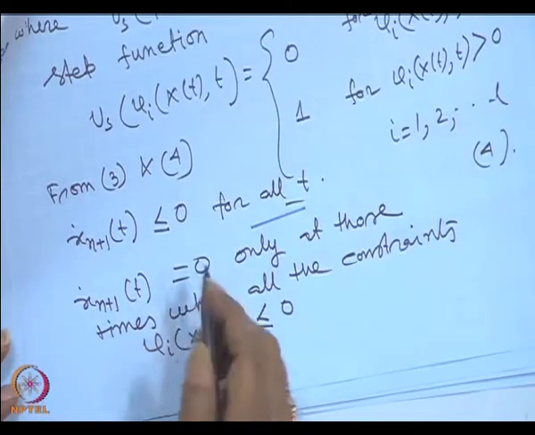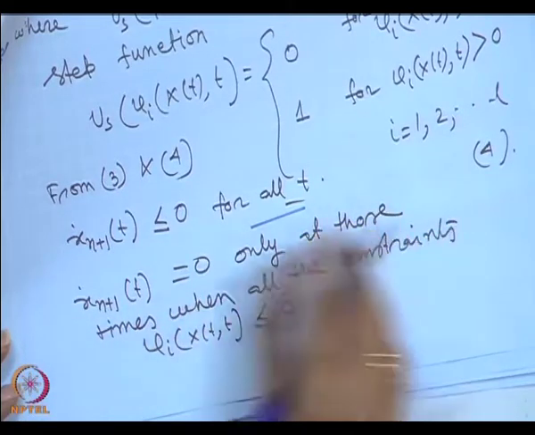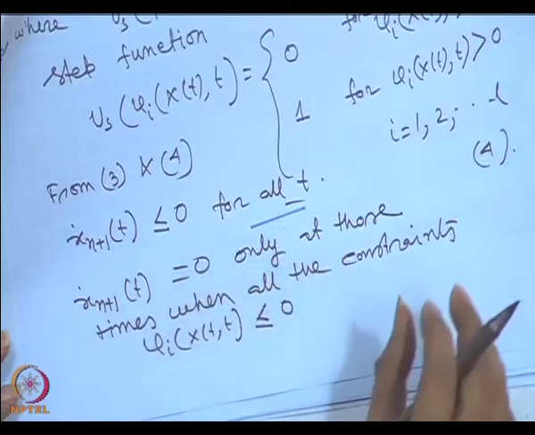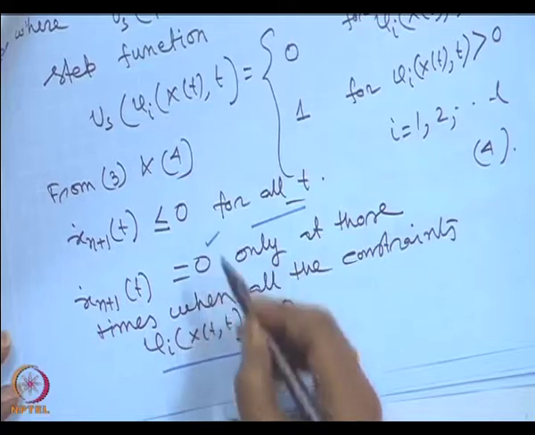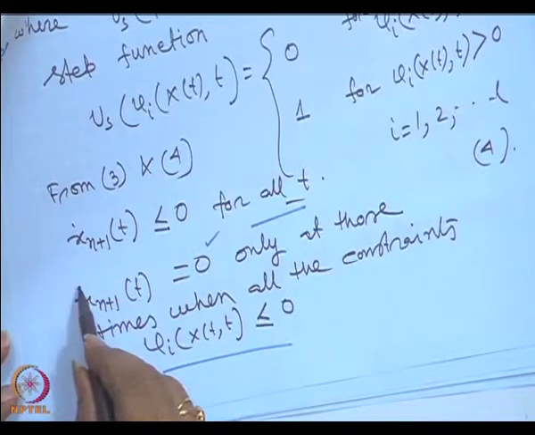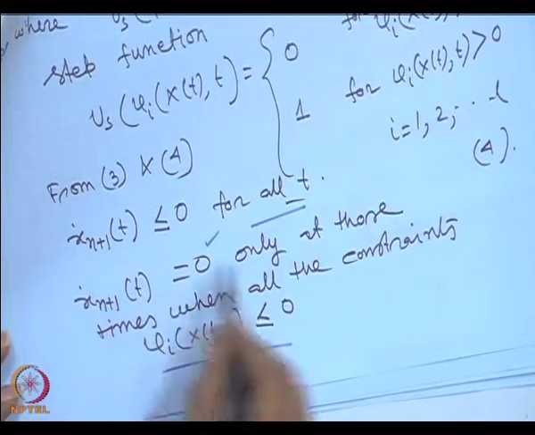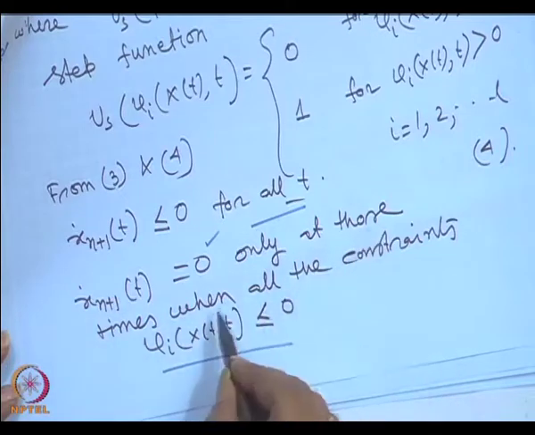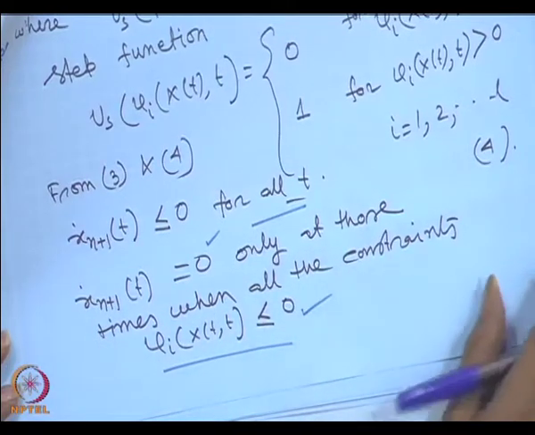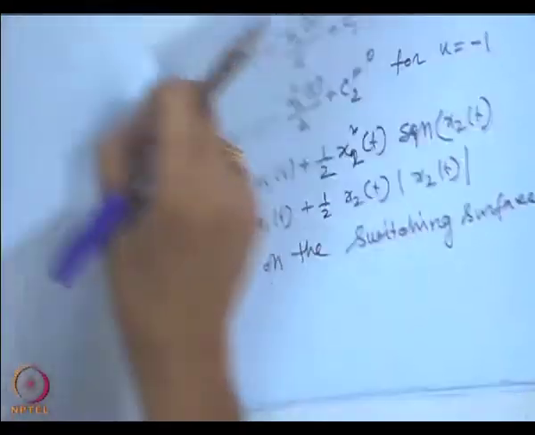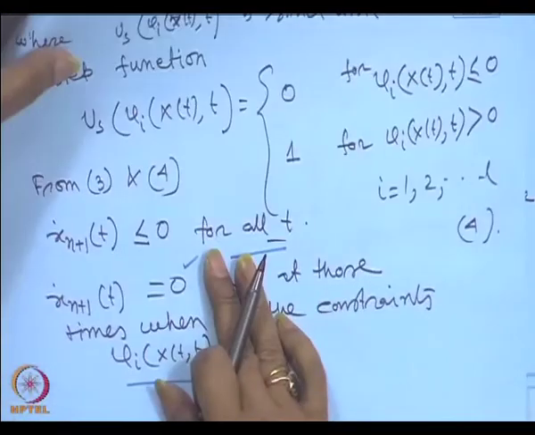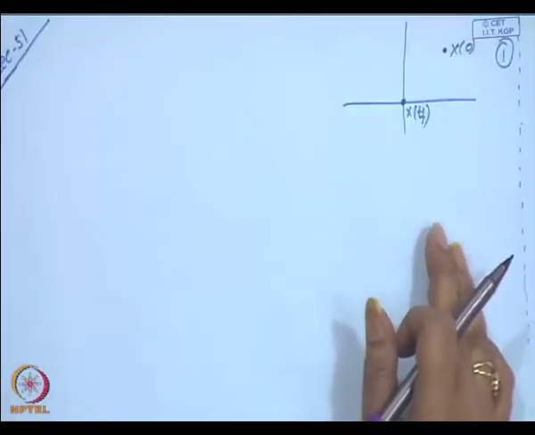This expression is 0 when all the state constraints are satisfied. Under this condition, x n plus 1 dot of t is 0 for all times when all the constraints are satisfied. Yesterday we came up to this point, so we will now continue with the rest of the part.